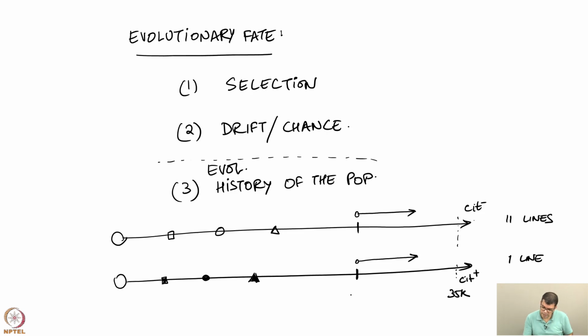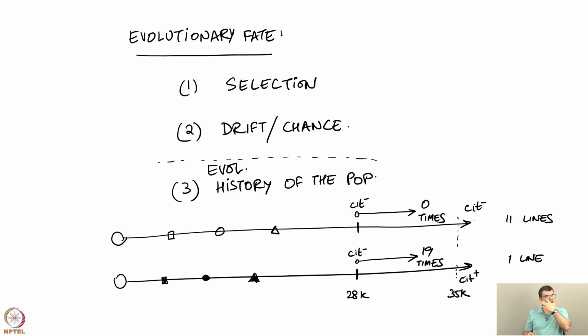However, if I go back in time and go back to 28,000, then even this is Cit minus and this is also Cit minus. But when I re-evolved them, one of them acquired the ability to transition from Cit minus to Cit plus 19 times, whereas the other 11 combined transitioned from Cit minus to Cit plus 0 times.